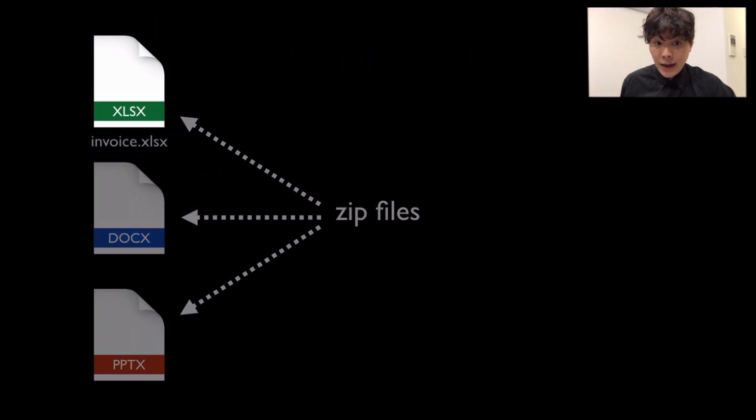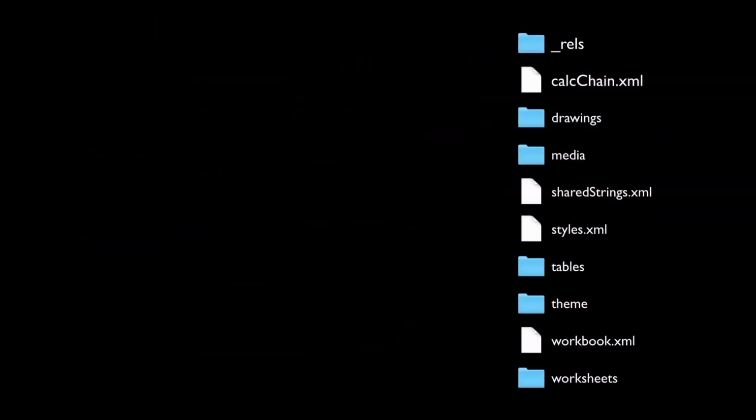And inside that folder are some files and more folders which themselves contain files and folders. Now, the interesting thing about these files is that they're basically all XML. And as you know, 4D is very well capable of manipulating XML.